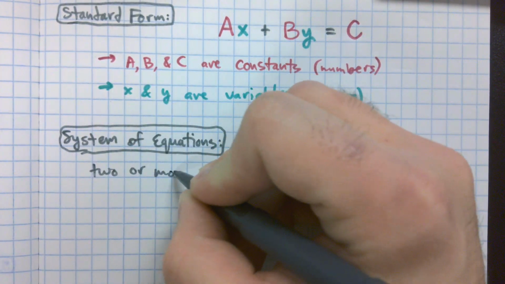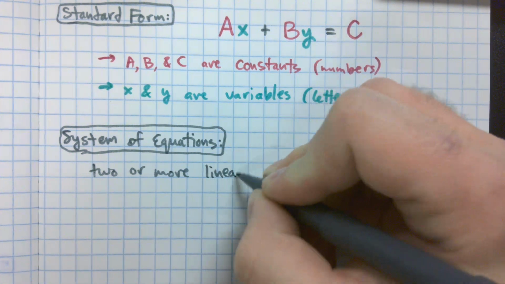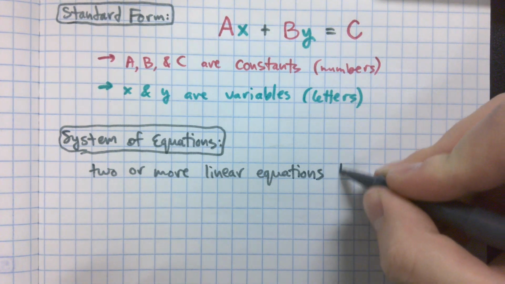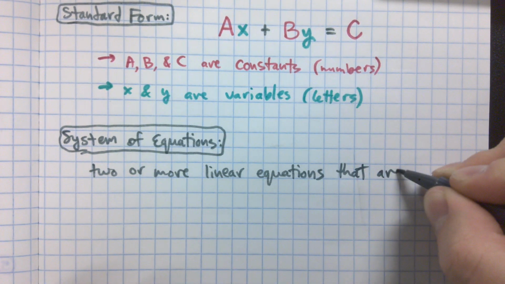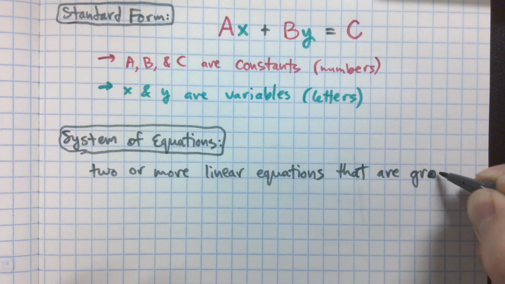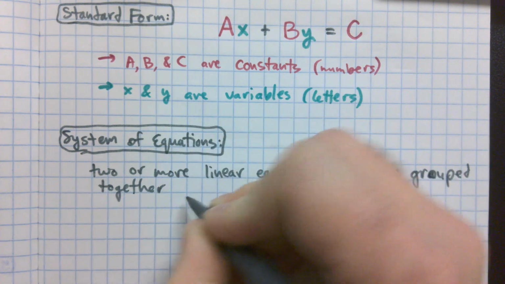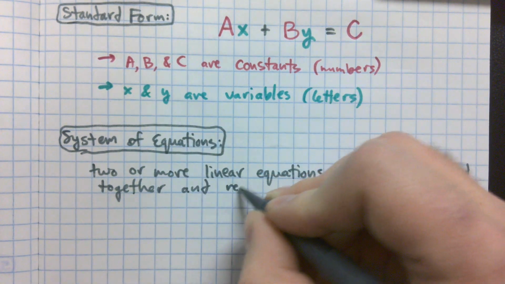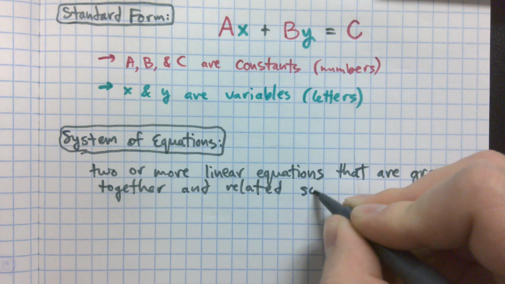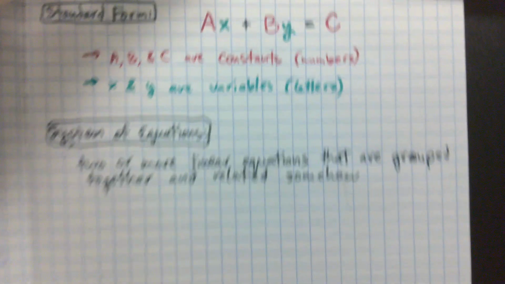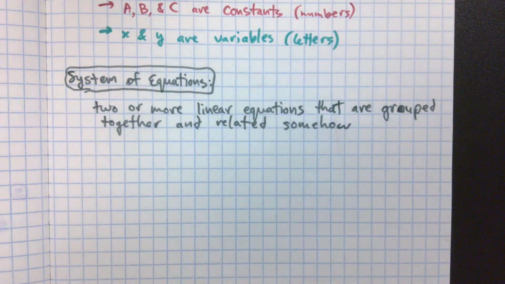Two or more linear equations that are grouped together and related somehow. We'll go more in depth as to how they're related as we move through this unit, but just in the most basic sense of the term, that's what a system of equations is.